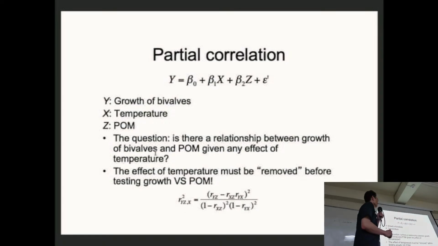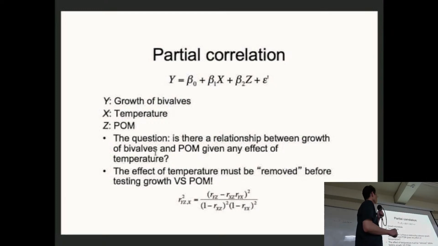And more complicated, in the ocean, POM concentration is related to temperature also, because it's oceanography. So all three are related. We know this by knowledge. However, in a real-world situation, we collect data and we want to ask, is there a relationship between growth of bivalve and POM, given the effect of temperature, conditional on temperature?